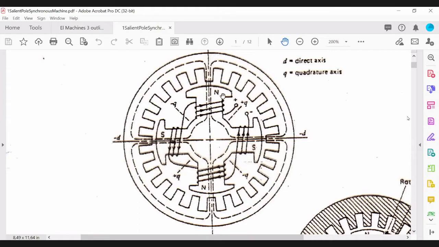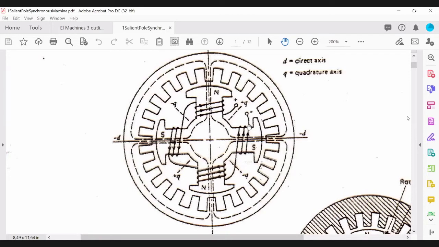The region between two adjacent poles. This is a 4-pole salient rotor machine, and this area that lies between the poles is called the interpole area.